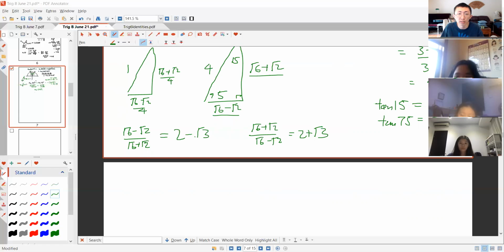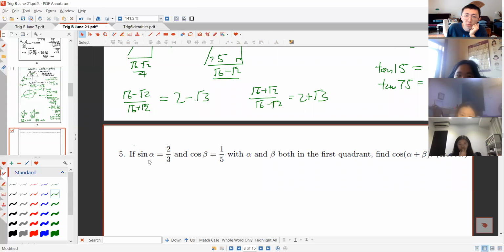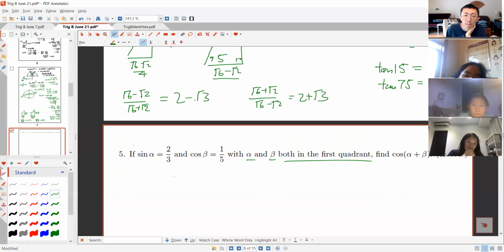Let's revisit this problem again. Why do you think we need to know that alpha and beta are both in the first quadrant? Why is that a necessary clause? Could the answer be different if it didn't say that?